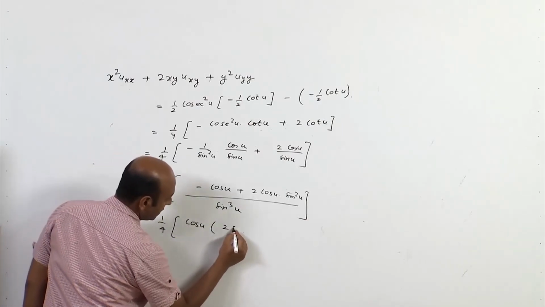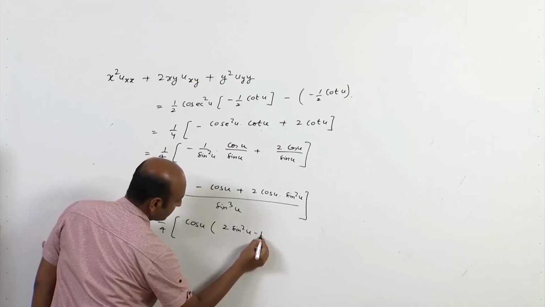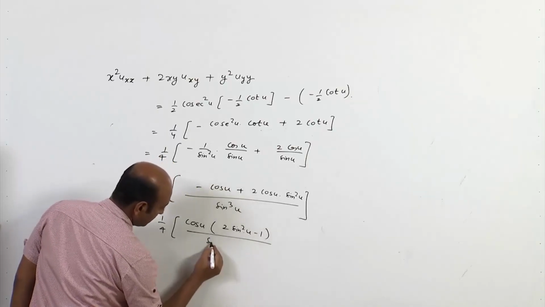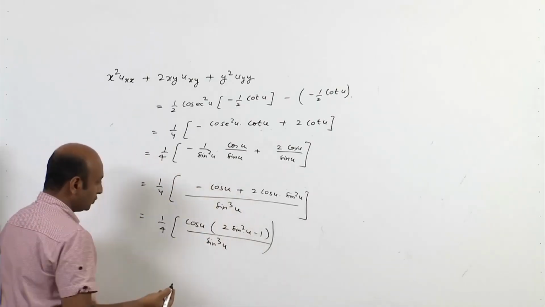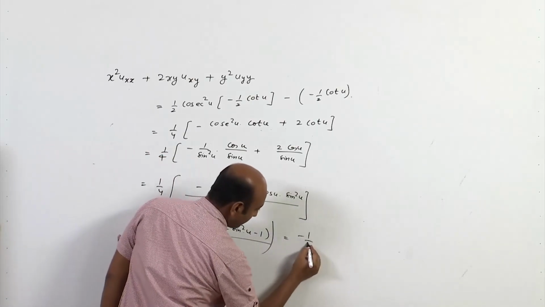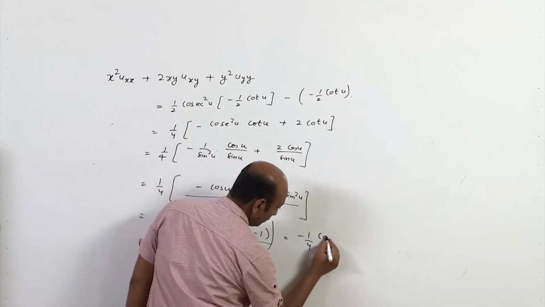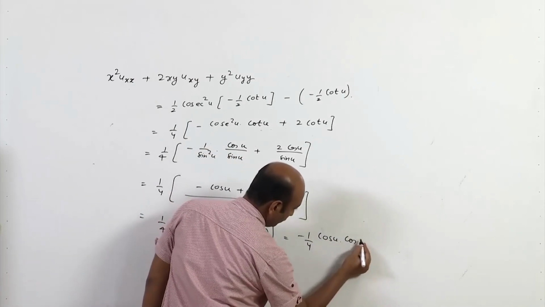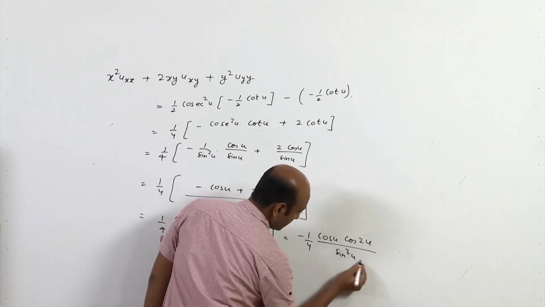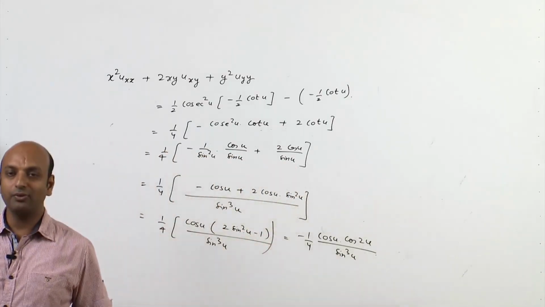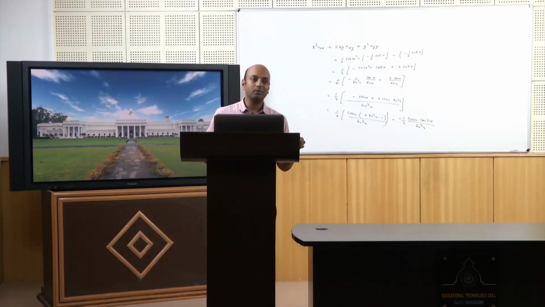It is 2 sine square u minus 1, and this is negative of cos 2u. So it is minus 1 by 4 cos u cos 2u upon sine cube u. So that is how we can prove this part of the problem.